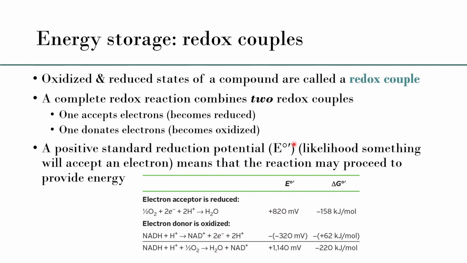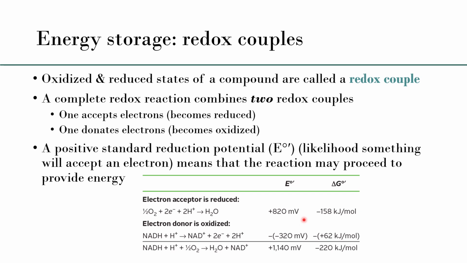And there's another term here, the standard reduction potential. And what this basically is how likely is this molecule going to accept an electron or take an electron? So oxygen has a very, very high standard reduction potential, a very positive standard reduction potential.